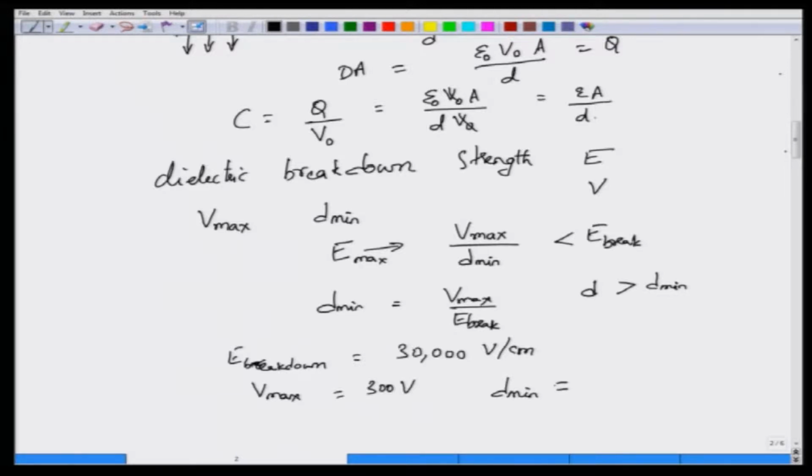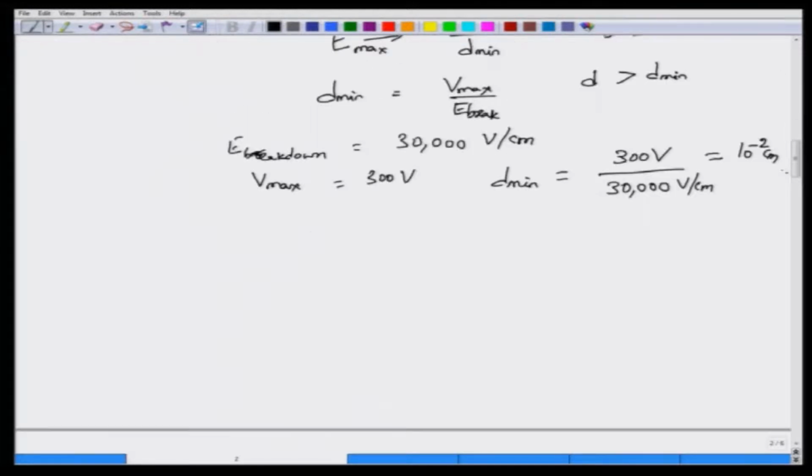The minimum separation should be the maximum voltage that the capacitor can withstand, which is 300 volt, divided by the breakdown electric field strength of that dielectric, which is 30,000 volt per centimeter, giving you 10 to the power minus 2 centimeter. So, your separation D must be greater than 10 to the power minus 2 centimeter, so as to avoid breaking down the dielectric and damaging your capacitor.